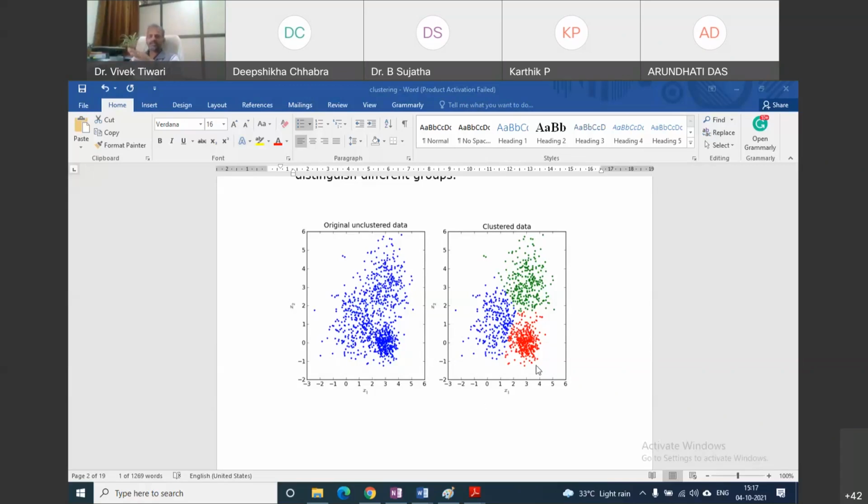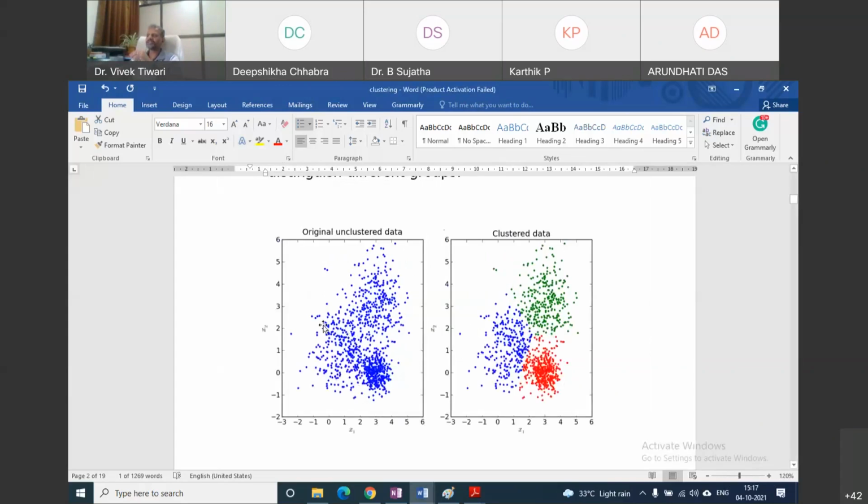You can reconfirm this property by looking at this example. Suppose on the left-hand side is a set of data points. Let me enlarge it. After the clustering process, three clusters have been created: a green cluster, a blue cluster, and a red cluster. The important thing I want to make clear is to look at the relative distance among the data points.